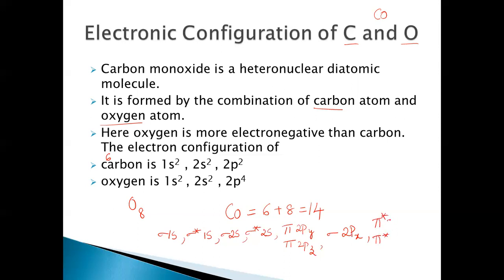These two are degenerate levels, 2py and 2pz. Then comes sigma 2px star. So this is the order of filling up of these molecular orbitals from the lowest to the highest for atomic numbers up to 14, whether homodiatomic or heterodiatomic, where pi 2py and pi 2pz are lower in energy than sigma 2px.